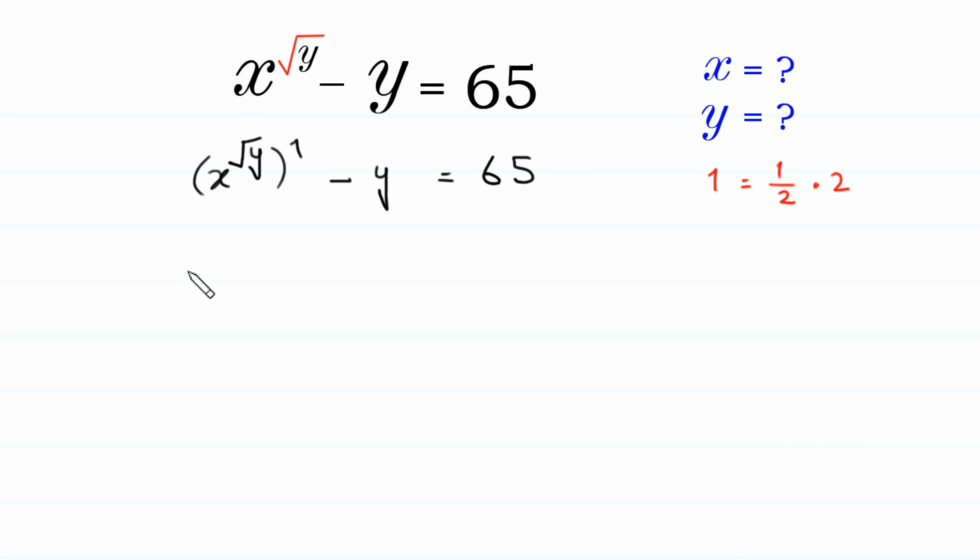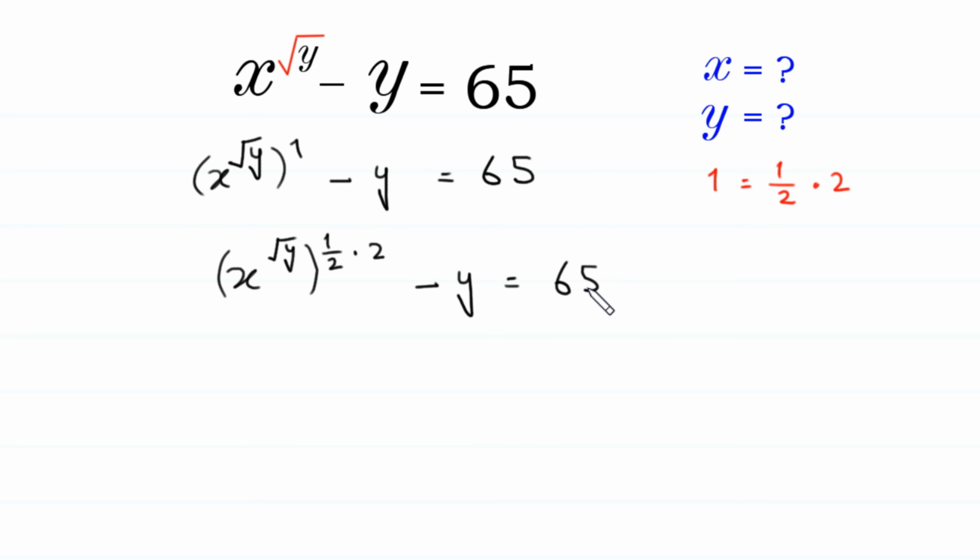So in the next step we replace this 1 with 1 over 2 times 2: x to the power square root of y, whole to the power 1 over 2 times 2, minus y is equal to 65.